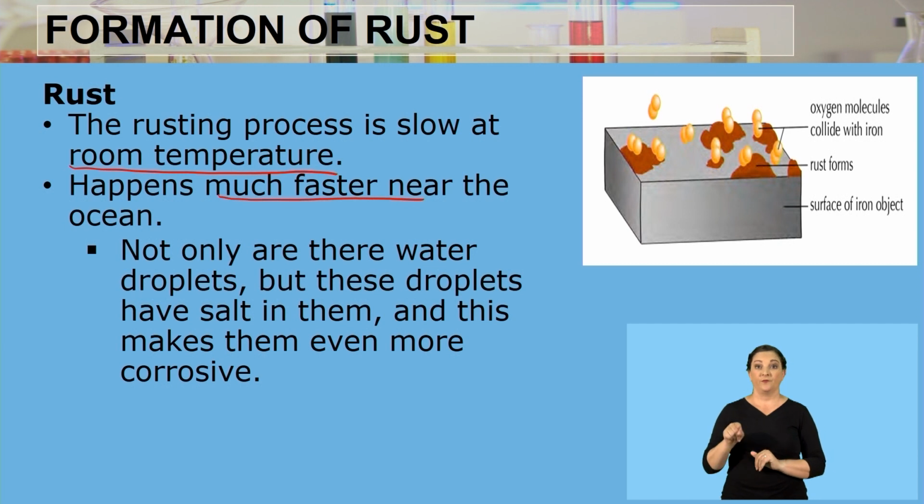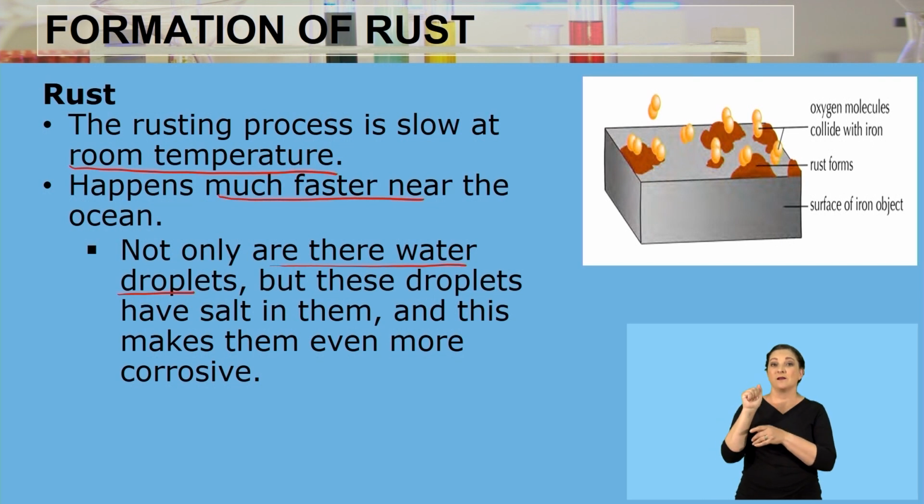That is because not only are there water droplets near the ocean, but those droplets have salt in them. So the combination of the moisture and the salt makes the environment more corrosive. So the substance near the ocean is going to corrode, or rust, faster as compared to the substance that is inland.